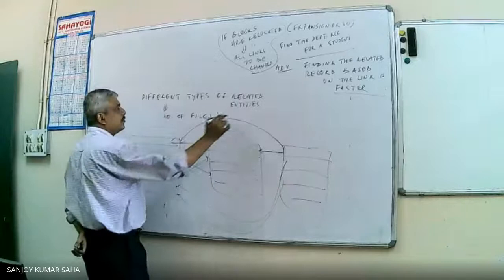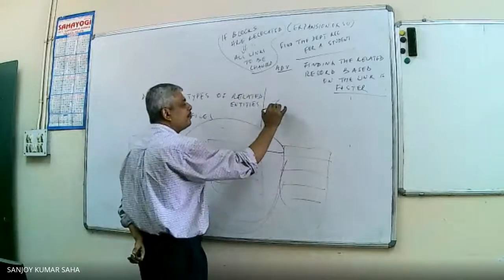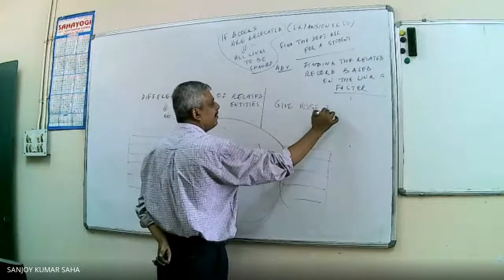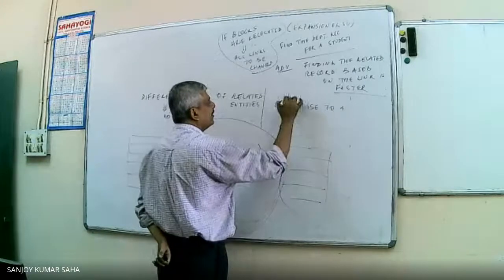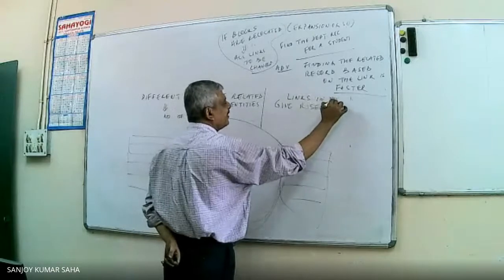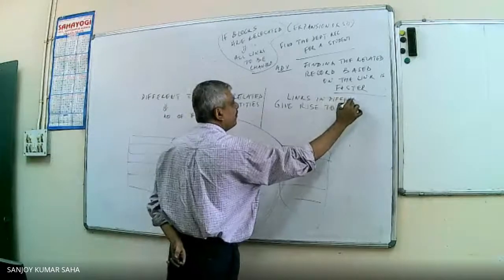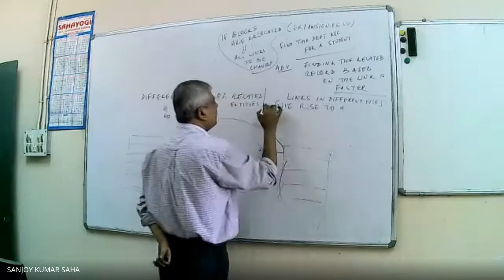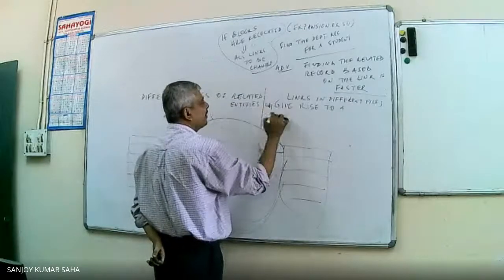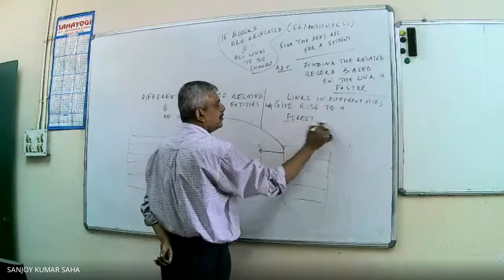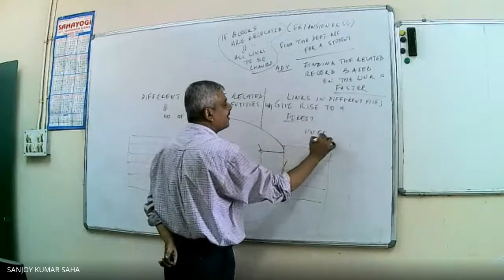So the network model may give rise to links in different files, and may give rise to a forest. So this is complex and unorganized.